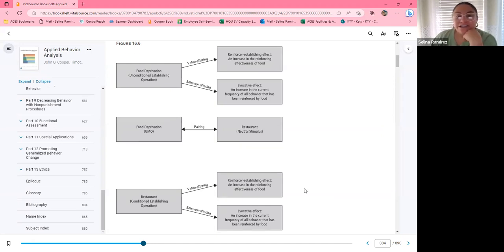Anybody have any questions? I know this is really important stuff because it has so much more than just the motivating operations, because it's teaching you the process of conditioning, right? So it went from an unconditioned to conditioned. And all of that process has to be really ingrained in your mind in order for you to understand the questions in the exam.